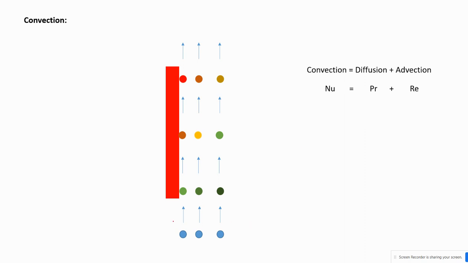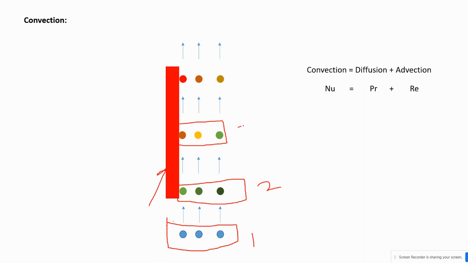Suppose there is a red hot wall, and a set of air particles moving from position one to two, this is three, and after that this is four, and after that it is going away.